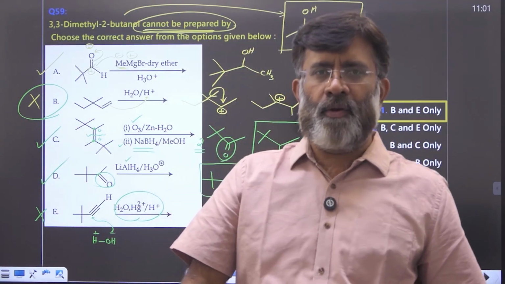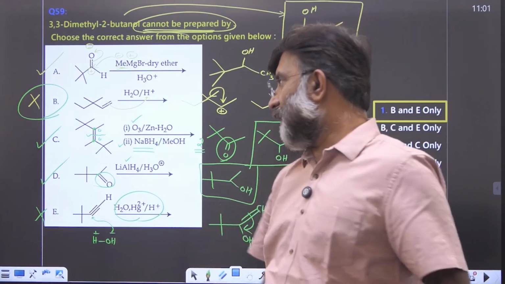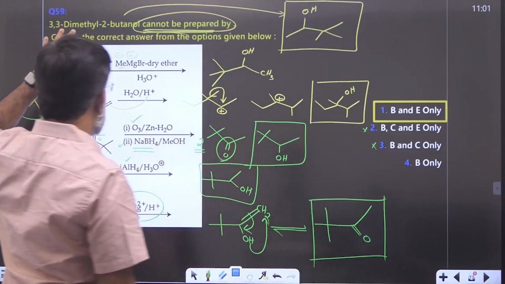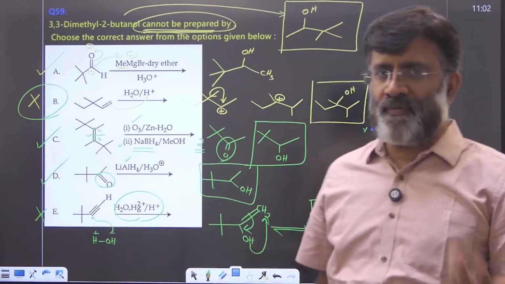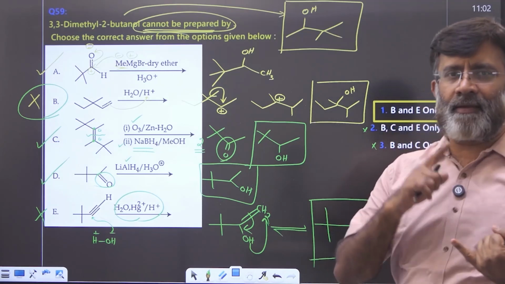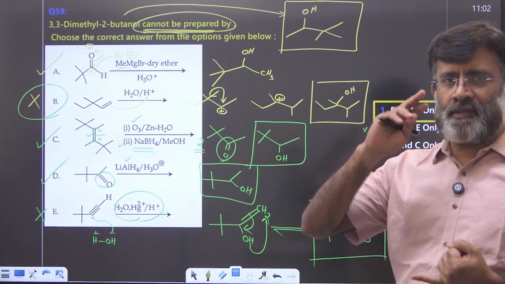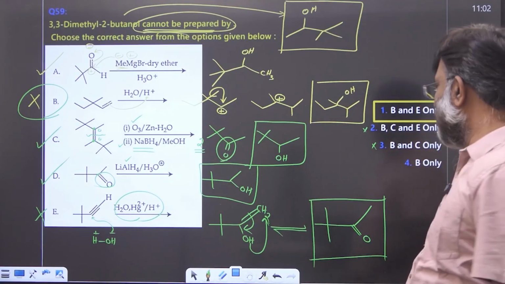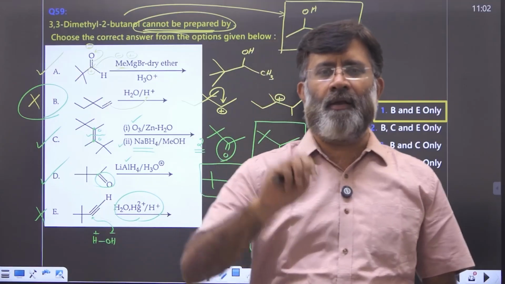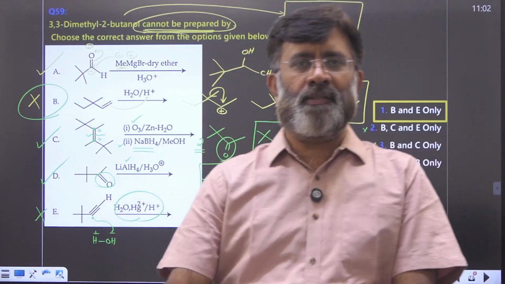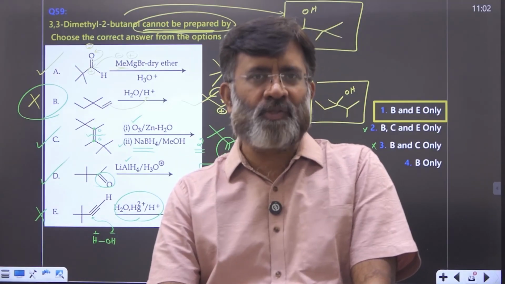Remember, when you are in the exam hall, please be very careful. You need not check A, because A is not in the list. You need not check D, because D is not in the list. Even though 5 reactions are given, you need to check only 3 reactions because reaction A and reaction D are not in our picture.